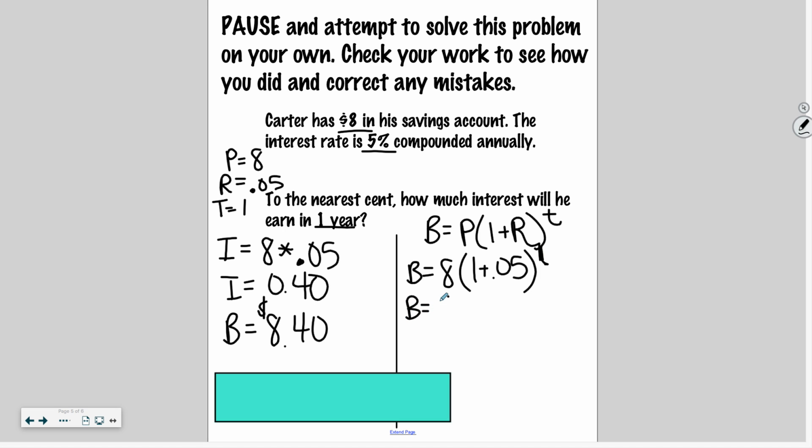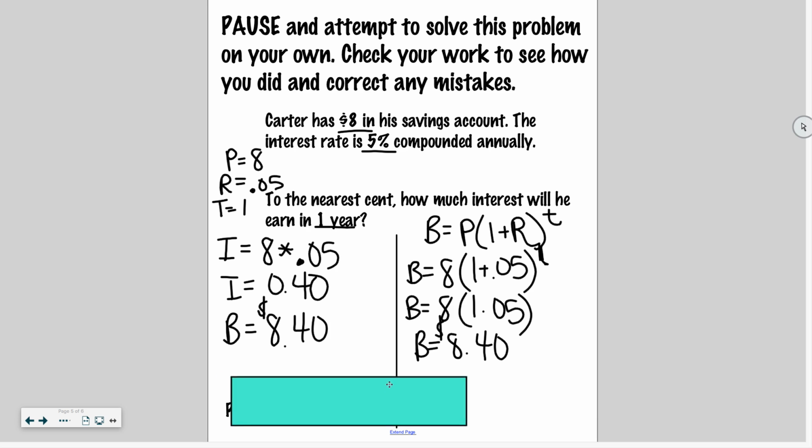So our balance equals 8 times 1.05. 1.05 to the first power is still just straight up 1.05. So 8 times 1.05 will get us a balance of 8.40. So my balance is 8.40. Cool. Got it solved, right?